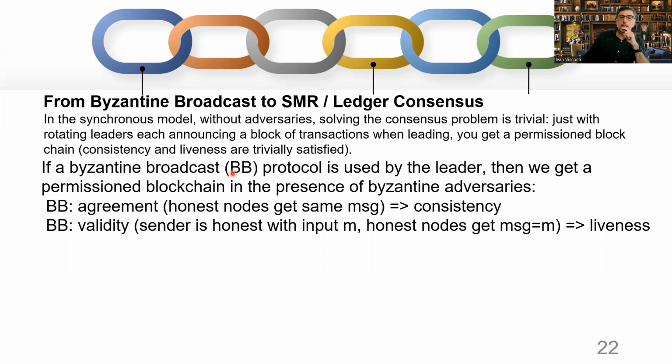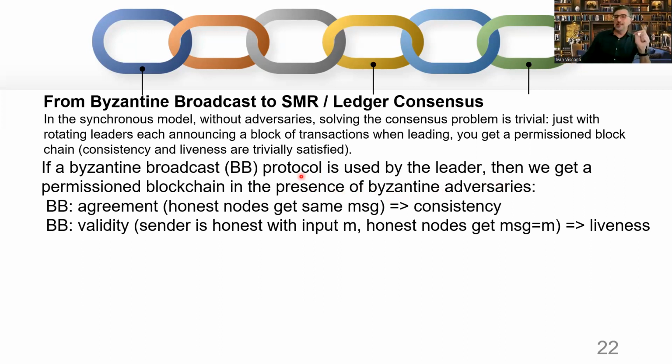But notice that in the previous approach with the rotating leaders, by implementing appropriately the step in which a node is a leader and will announce the next block with a Byzantine broadcast, you actually still get a permissioned blockchain in the presence of Byzantine nodes.